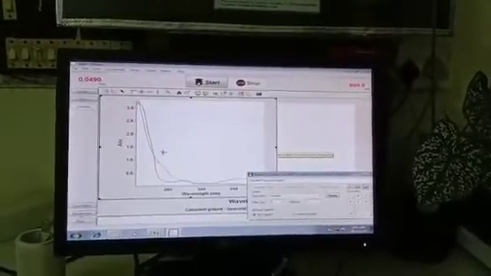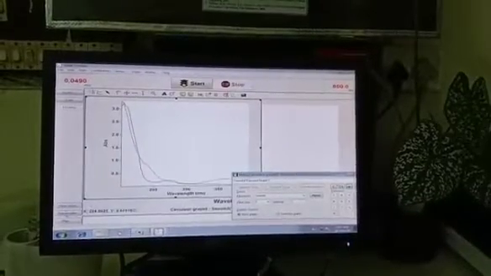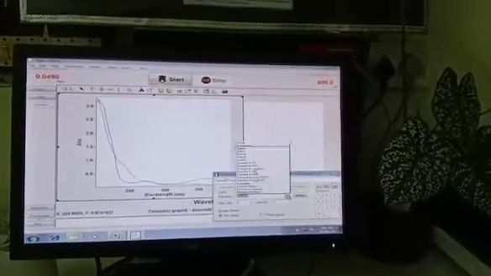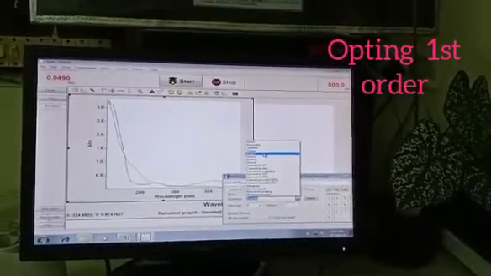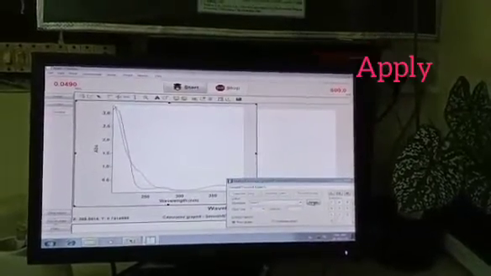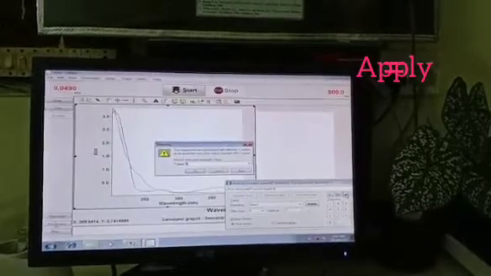Observe the smoothened graph, and then I am giving the first derivative option, apply equal to.